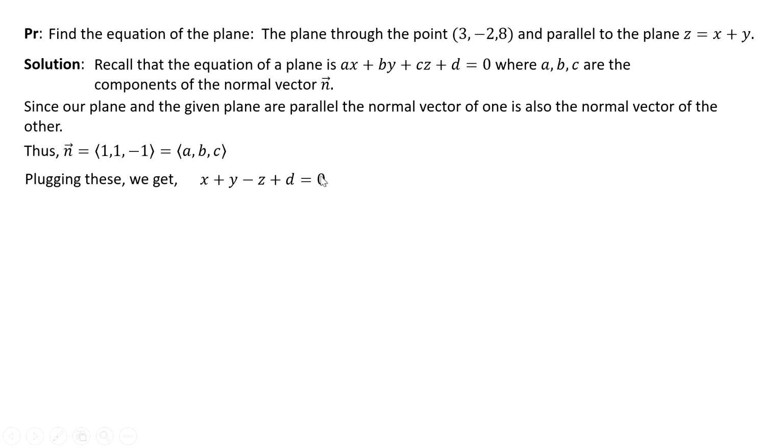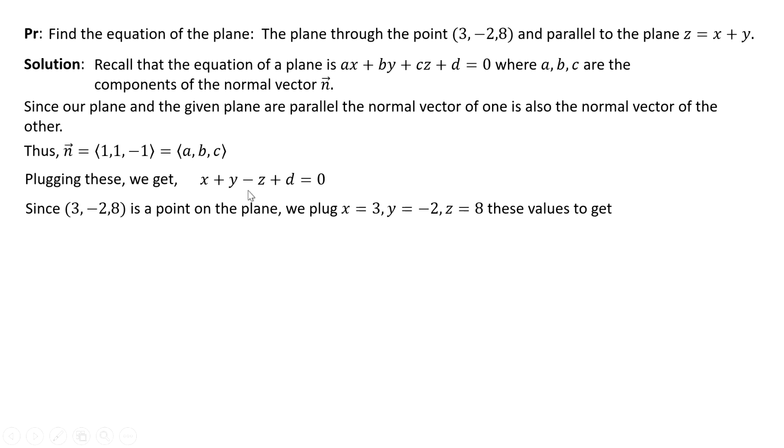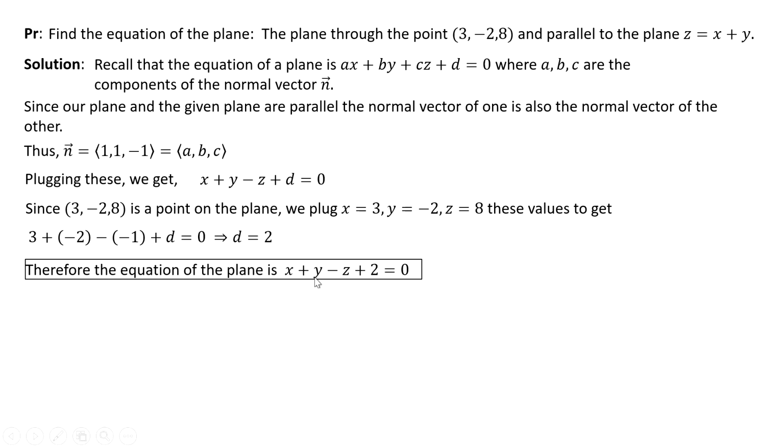The parallel plane is x plus y minus z equals 0 without a d, but our plane has to have a plus d. How do we find that? As before, plug x equals 3, y equals -2, and z equals 8, and solve for d, and you get d equals 2. So x plus y minus z plus 2 equals 0 is our plane.